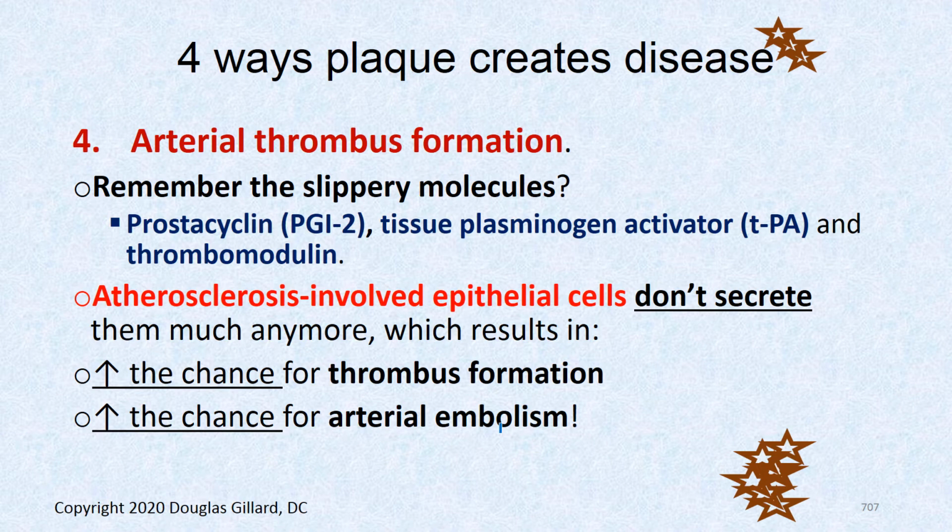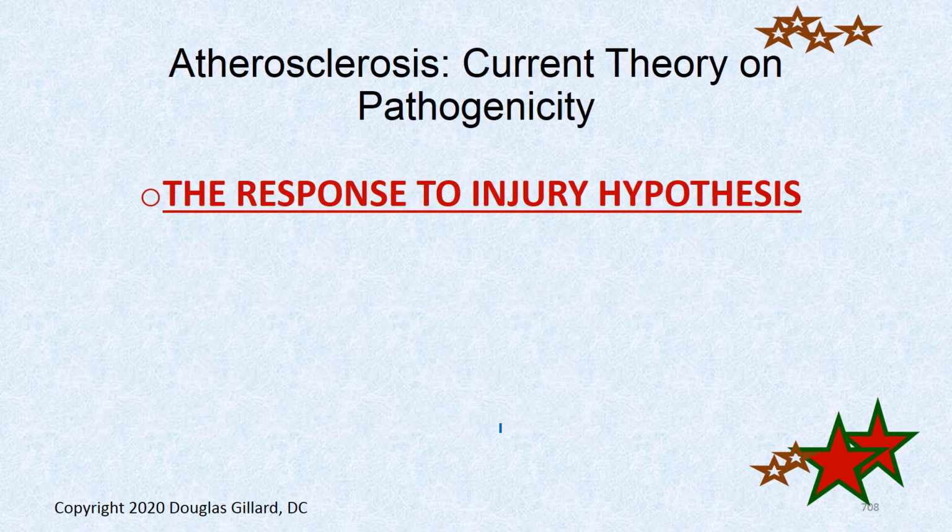They stop secreting those as the endothelial cells in the inflammation zone stop working. And that encourages the thrombosis process. Von Willebrand factor can be oversecreted. So with atherosclerosis, the endothelial cells don't secrete, then you can get increased thrombus formation, and then maybe the thrombus breaks loose and you get a deadly arterial embolism.